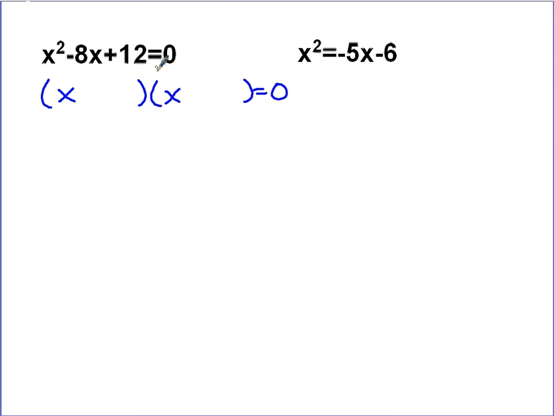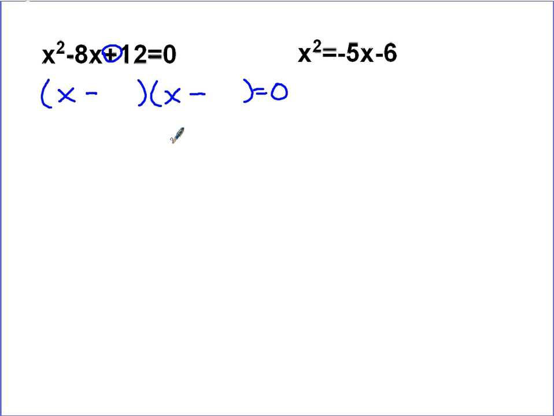My other two numbers have to multiply to 12. Now, we were talking about then adding them to get this thing, and since they add to a negative 8, they're going to have to be negative numbers. They're both going to have to be negative, because in order to multiply to positive 12, it has to be a negative times a negative. A negative times a negative is a positive.